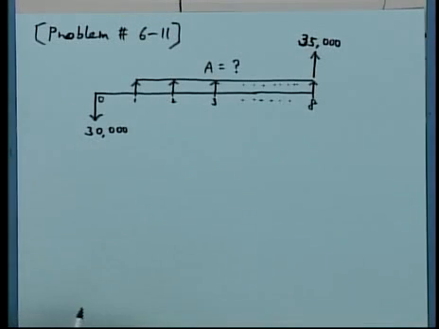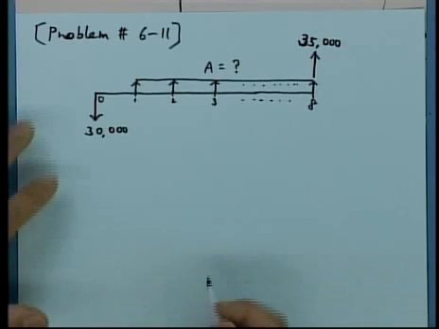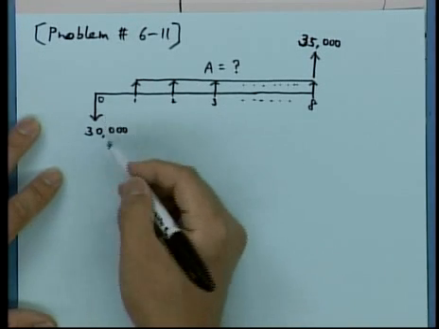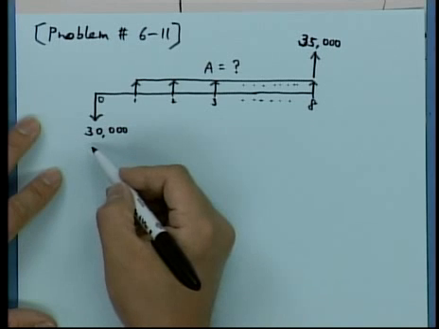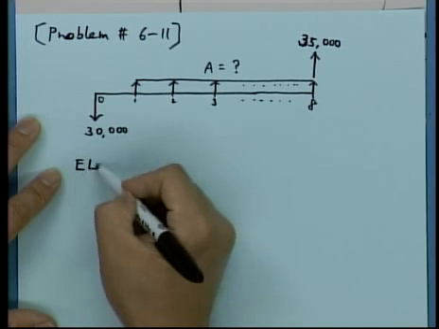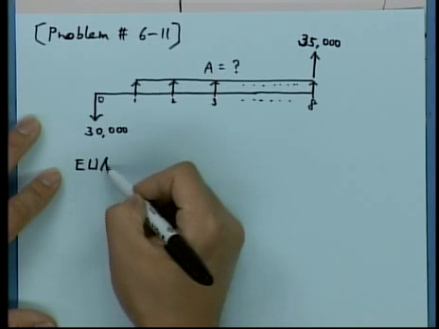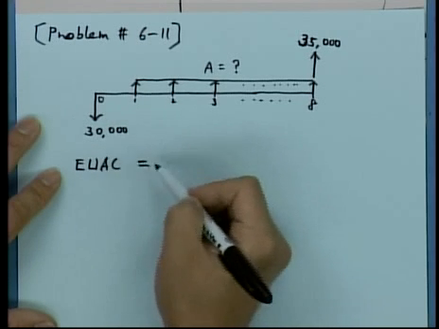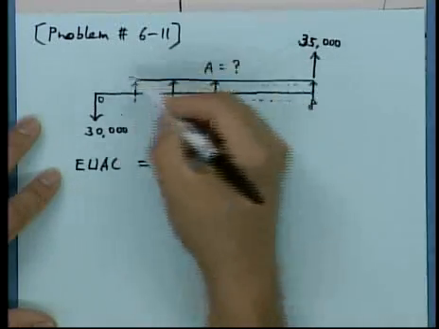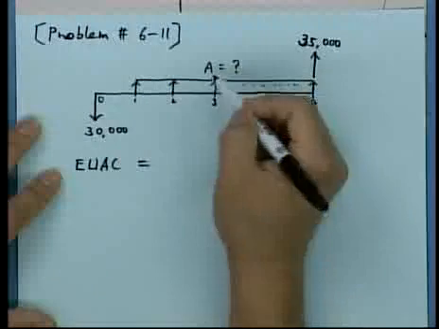Okay. So here, obviously we can see that the equivalent uniform annual cost, which is $30,000, is equal to the equivalent uniform annual benefit, which is from this positive cash flow.